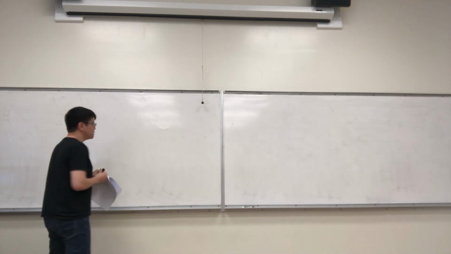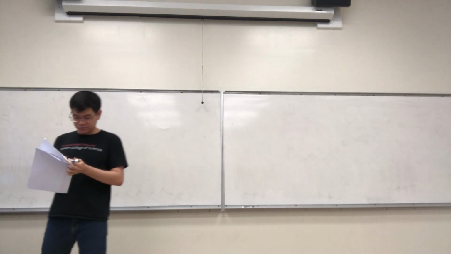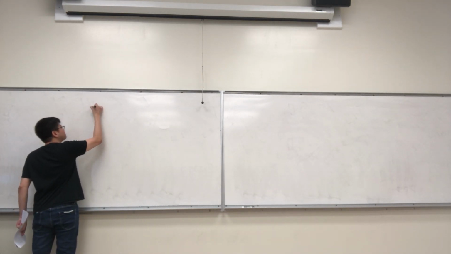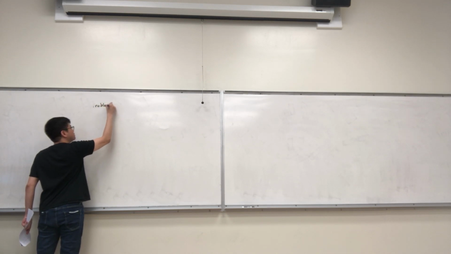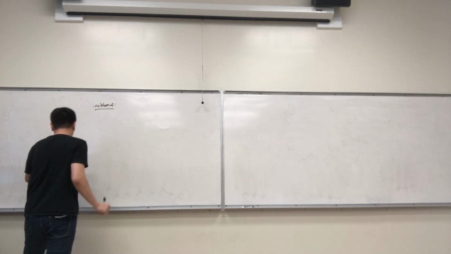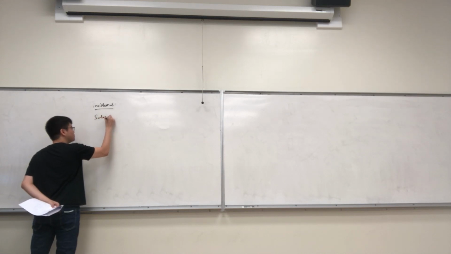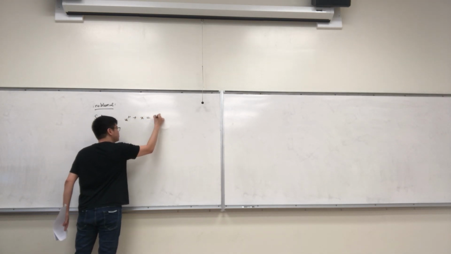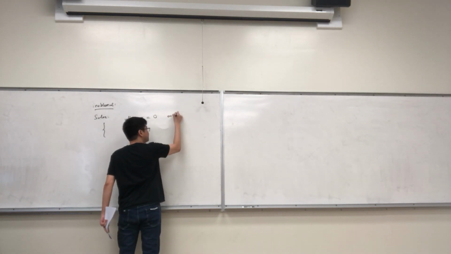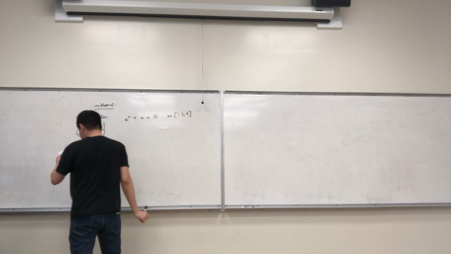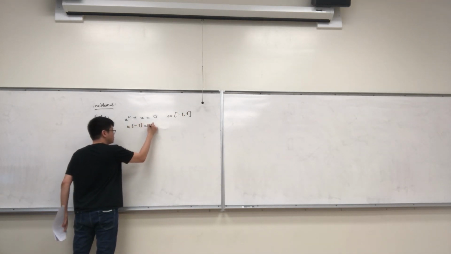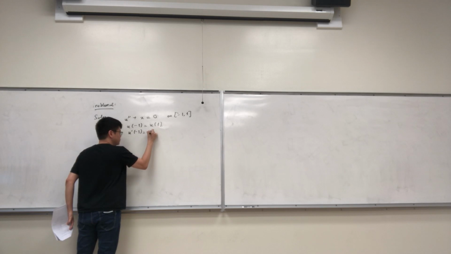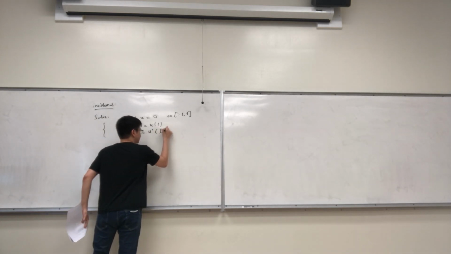Now, in the second problem, what we have to do is solve the boundary value problem, which is the following. Problem number 2: you have to solve the equation u'' plus x is equal to 0 on (-1, 1), with the boundary conditions u(-1) is u(1) and u'(-1) is u'(1).